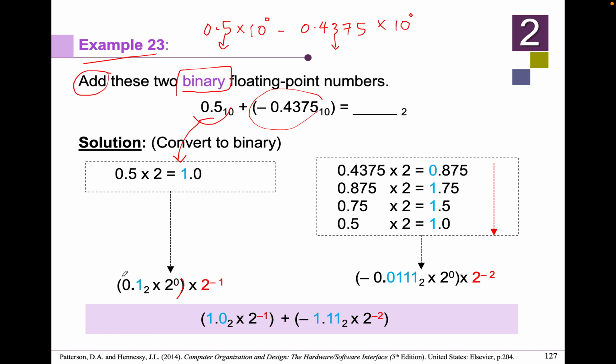Stop this first until here. And after that, you see you have these numbers and you convert them to fractions. So this part you have 0.0111 times 10 to the power of 0.